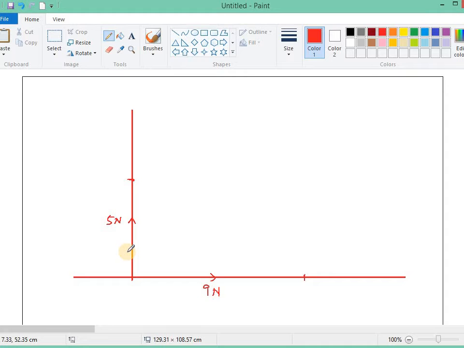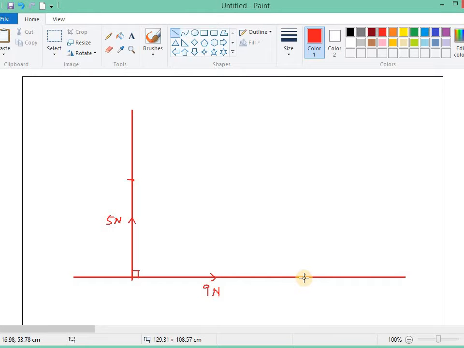Now, I can either measure 90 degree here and draw 9 centimeter, or measure 90 degree here and draw 5 centimeter. So let's say I draw here.